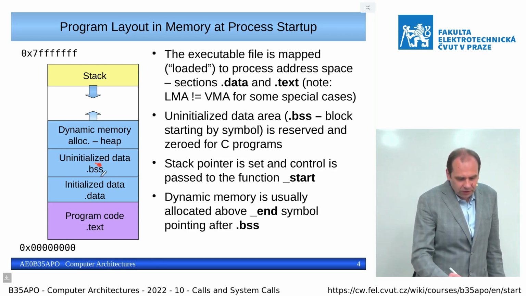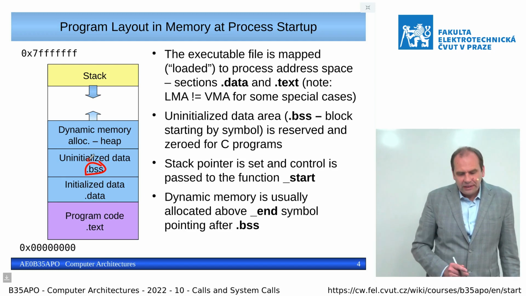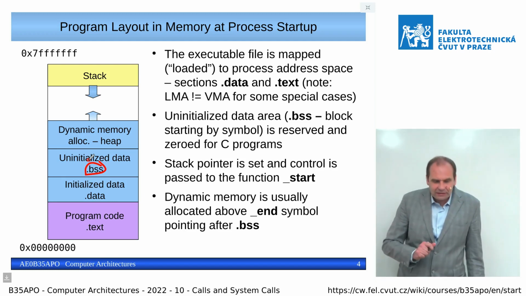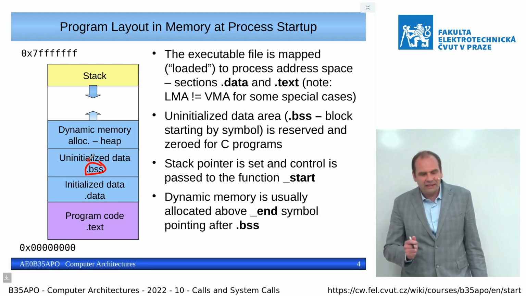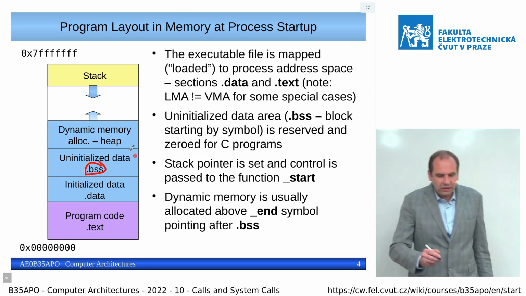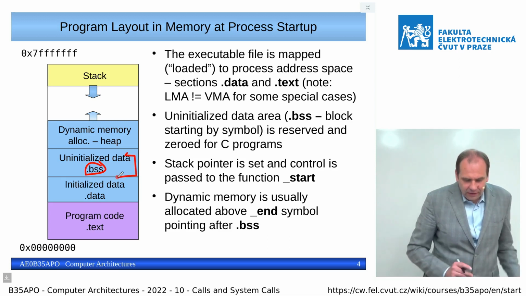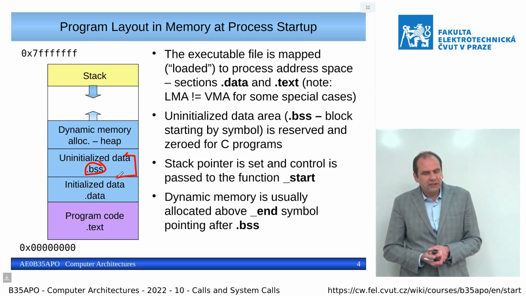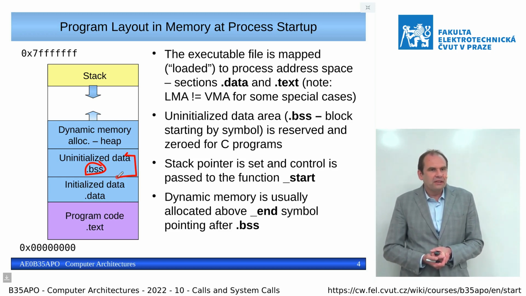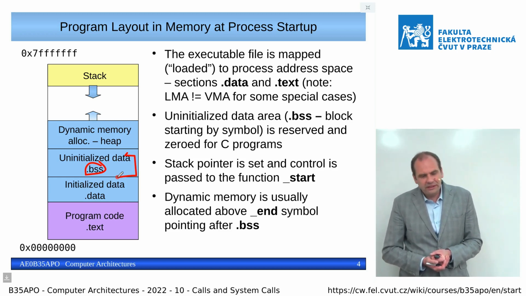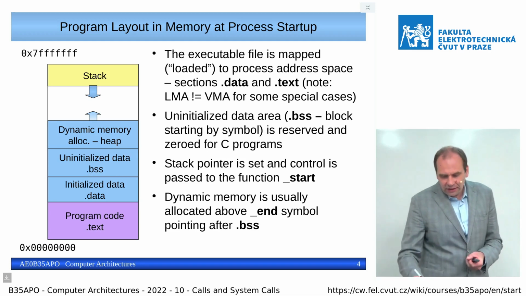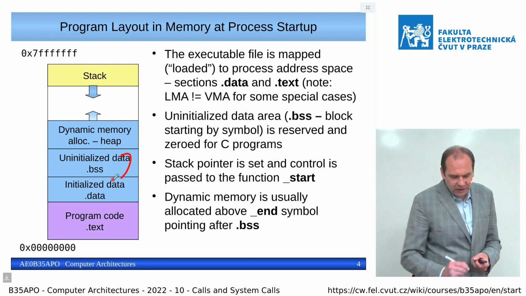And okay, so it is the BSS. And in the case of the C language, in fact, uninitialized data are defined by the specification that they are initialized to zeros. So even though the name is a little mismatched, it is the area which is initialized to 0.